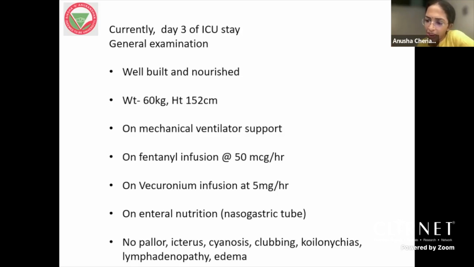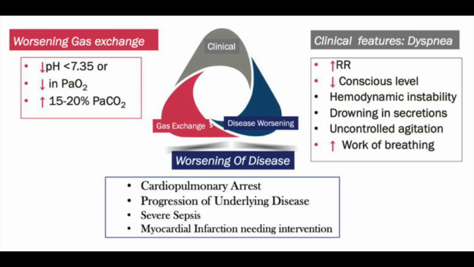Patient has just come with NRBM 10 liters. First, I will see for airway whether he is able to protect his airway. And then the breathing, how is his breathing? Is there any nasal flaring or using any accessory muscles for respiration?